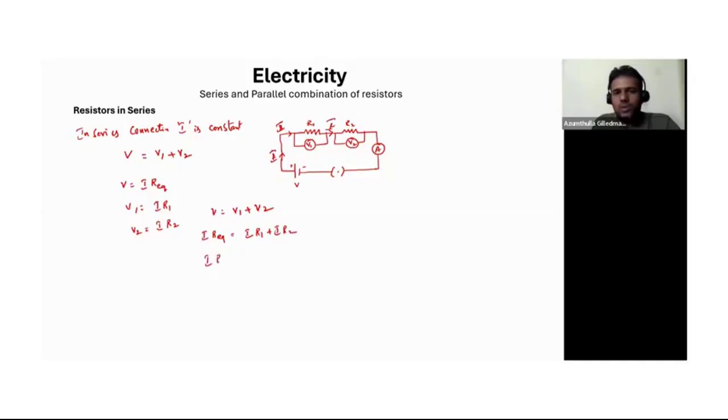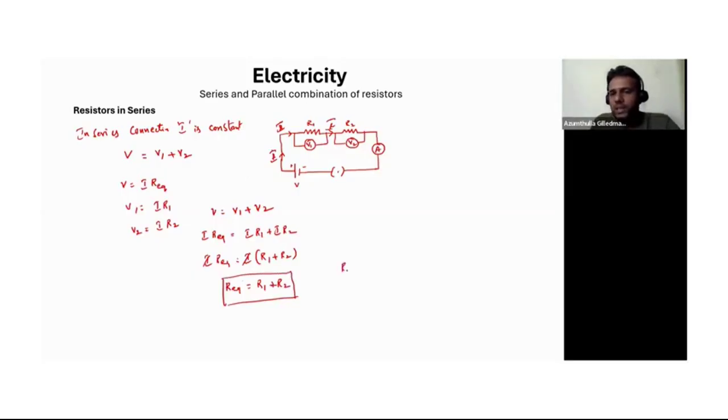So I into R equivalent, if I take I as common, I can write as I into R1 plus R2. Then what is R equivalent? I gets cancelled, right? Same side. So R equivalent is R1 plus R2. So this is the formula when the resistors are connected in series.